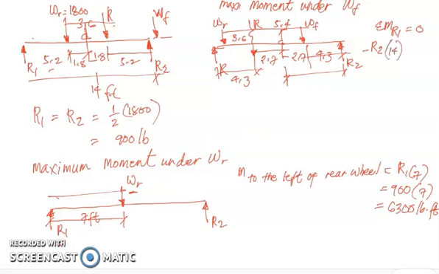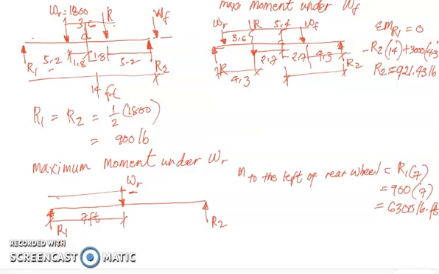Then our resultant force in a clockwise direction, that is 3,000 times our moment arm distance, which is 4.3. So therefore, our R sub 2 is equivalent to 921.43 pounds. So we have now the value for our R sub 2.